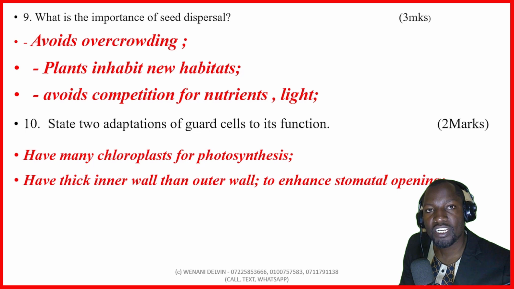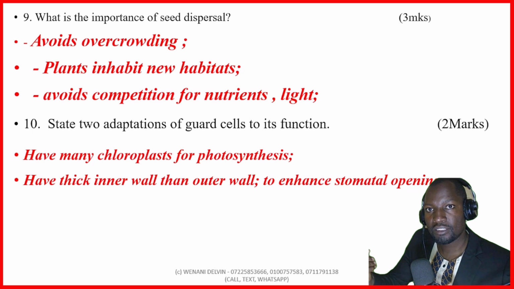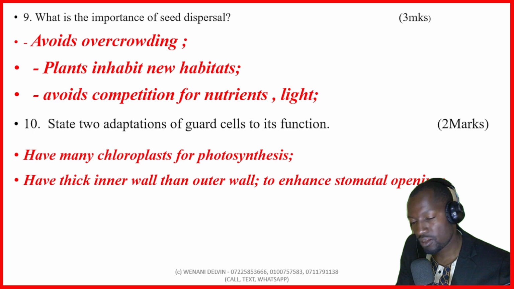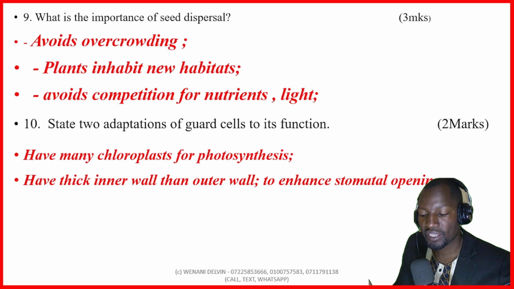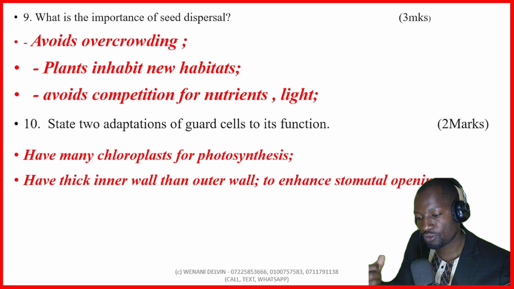Why? To enhance what we call stomata opening. Remember, during the opening of the stomata, when it draws in water, the outer membrane, which is thinner, will bulge faster than the inner membrane, which is thick, and therefore it will enhance what we call stomatal opening.